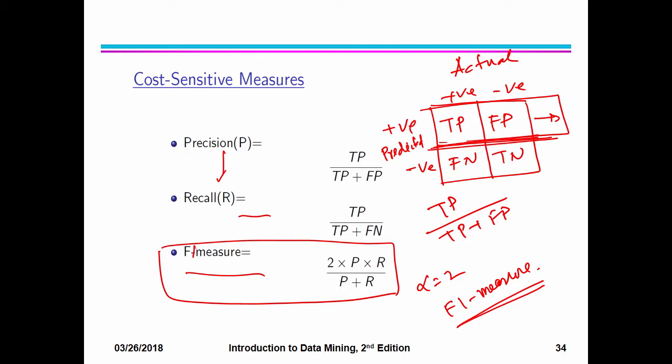Accuracy alone is not enough to decide whether the classifier is good or not. And in IDS, that is intrusion detection systems, or anomaly detection, we frequently use precision and recall. So, this is sufficient for evaluating the classifier.